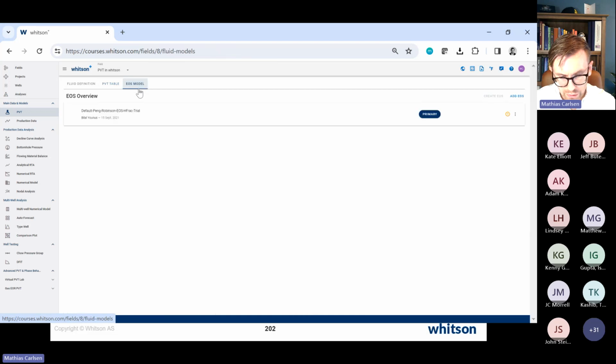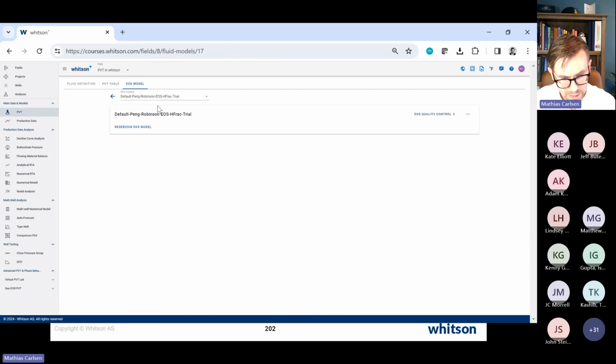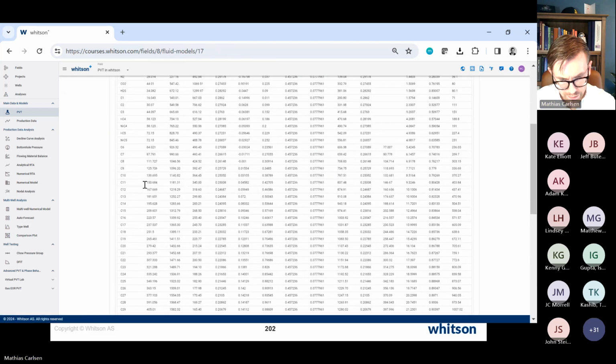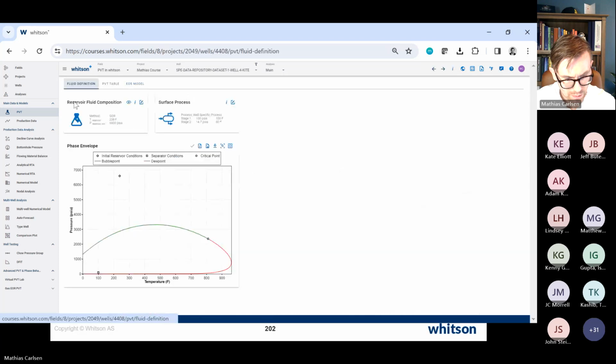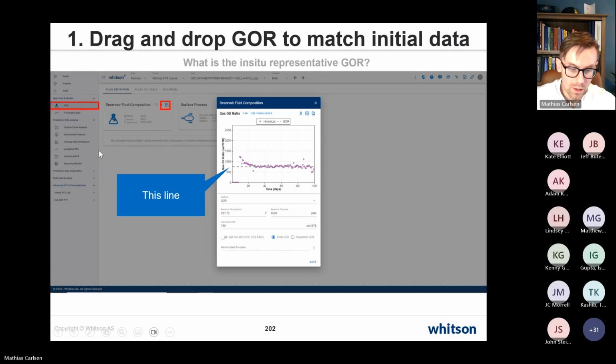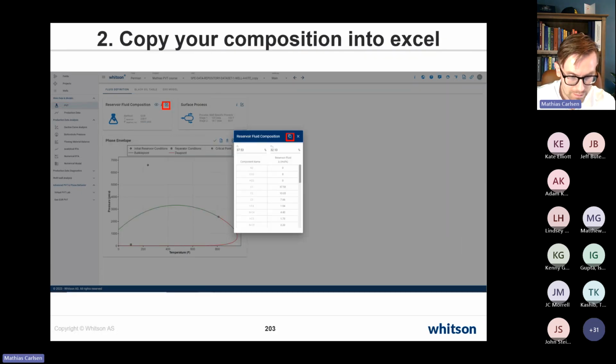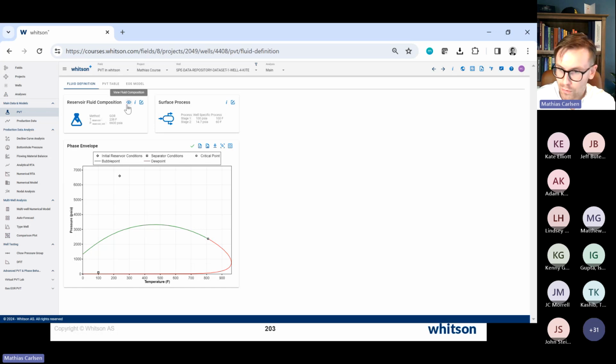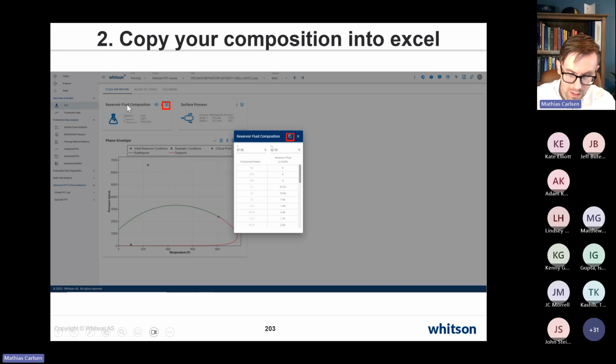And again, behind the scenes, that's this equation of state model that's being used. Very good. The thing that I want you to do is to click this button right here called View Fluid Composition. That's how you will see the compositions.